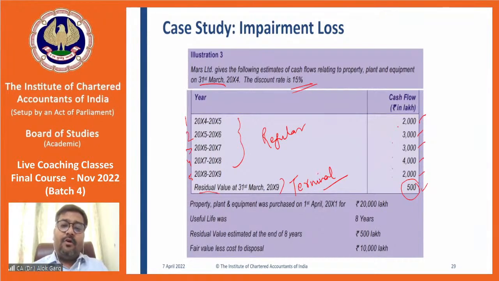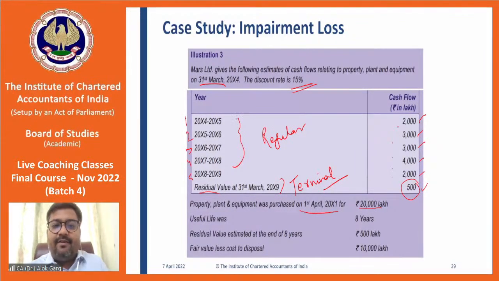These informations are given on 31st March 2004 for the future. And this property, plant and equipment was purchased on 1st April 2001 for rupees 20,000 lakhs. So this PPE was purchased 3 years prior to 31st March 2004, and the useful life was 8 years.